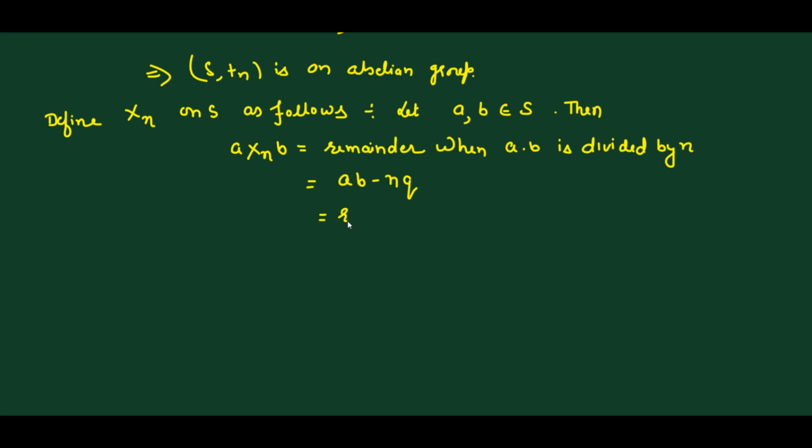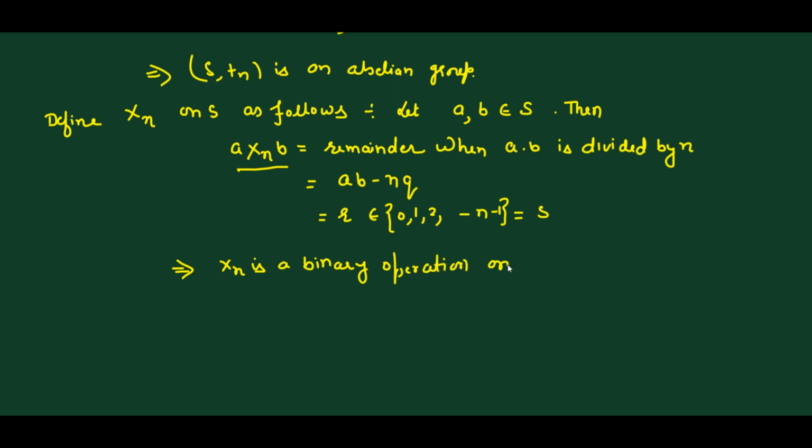This is the remainder, and you know that if any integer is divided by a fixed integer n, then the remainder belongs to the set 0, 1, 2 up to n minus 1, and this set is nothing but S. So it shows that this is a binary operation on S. No need to show closure, because binary itself implies closure.